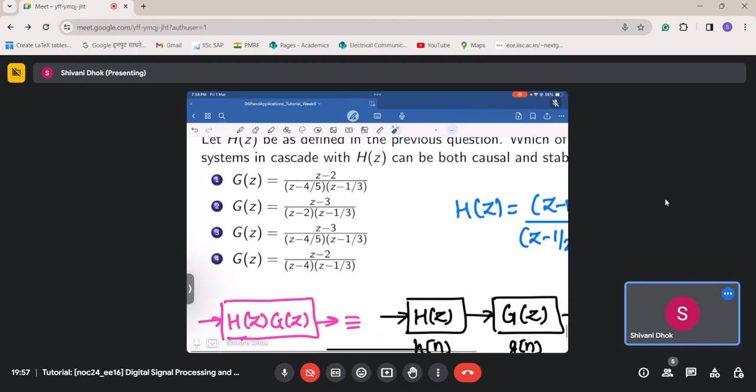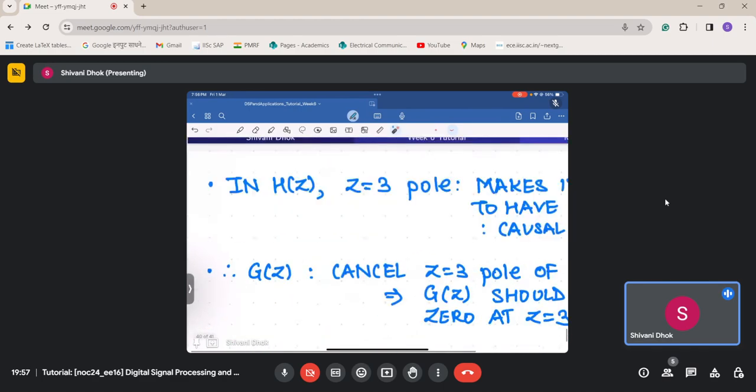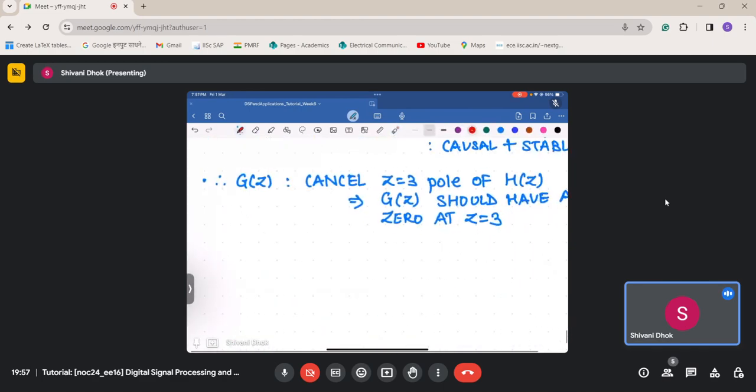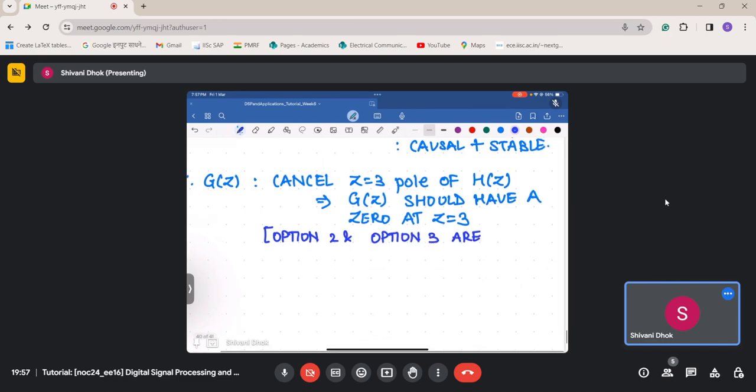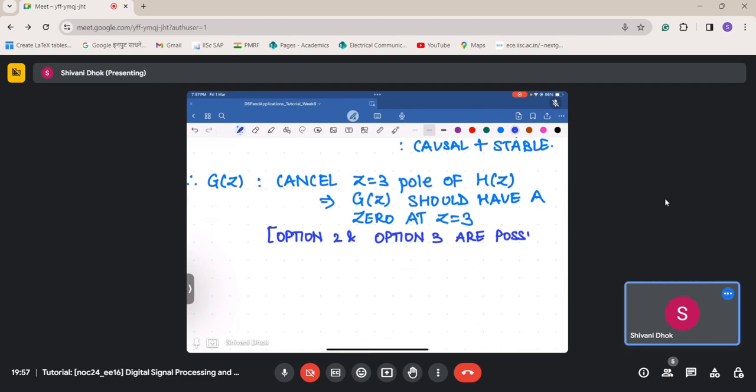So the two possibilities are option 2 and option 3. Using this statement, option 2 and option 3 are possible answers.